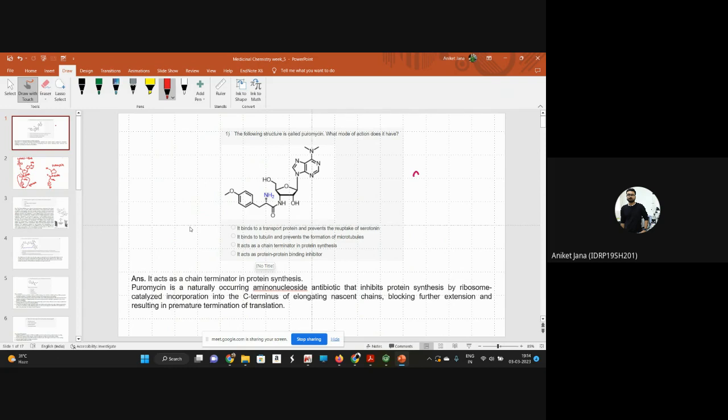So which is the right answer? As we have seen, it has a great similarity with the tyrosyl tRNA, and what does it do? It terminates protein synthesis. Yes, it acts as a chain terminator in protein synthesis. The third one.